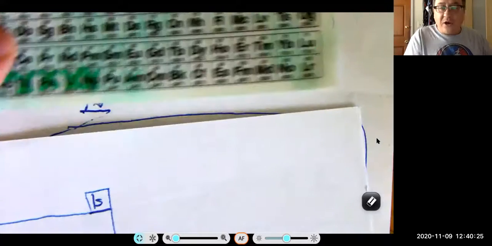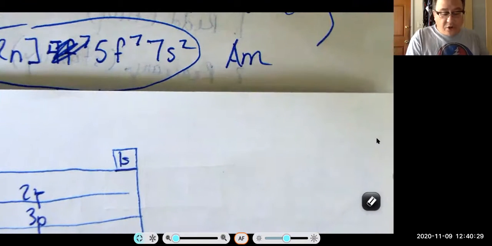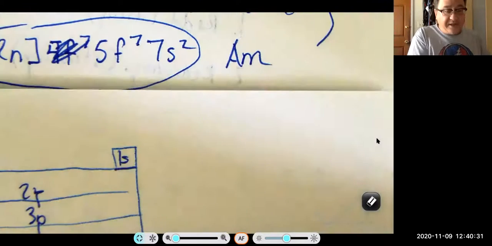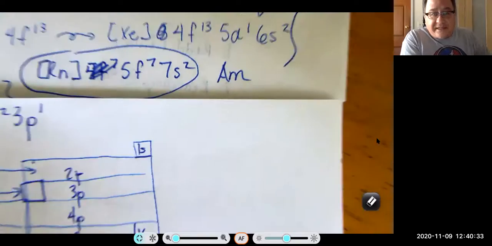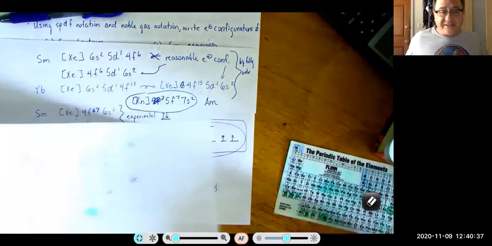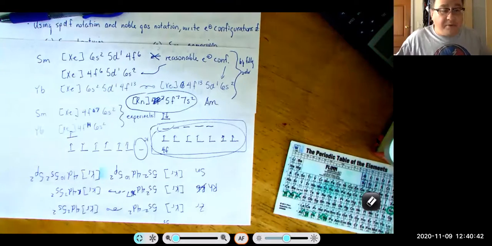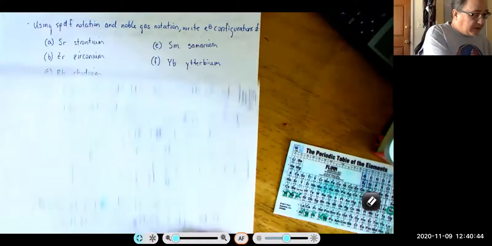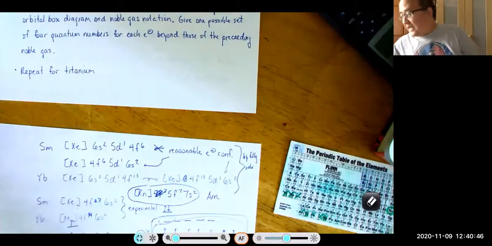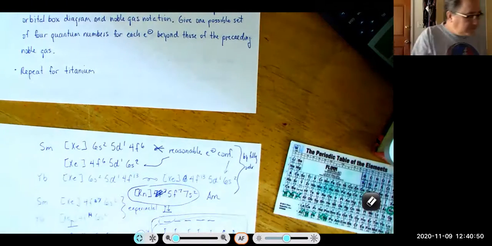So if you are trying to identify which element it is, because you aren't told, but you are given the electron configuration, the way to figure out what element it is is to simply count electrons. However many electrons it has, that's how many protons it has. And the number of protons is on the periodic table. Boom, you're done.